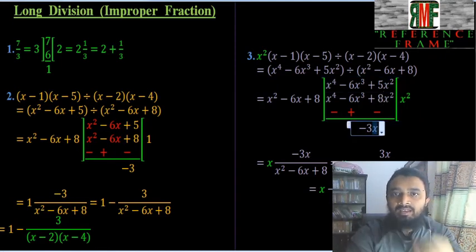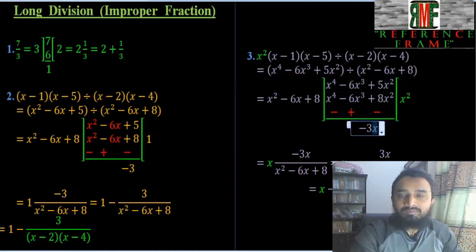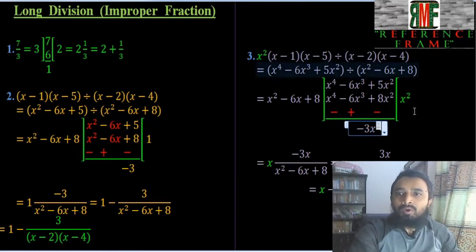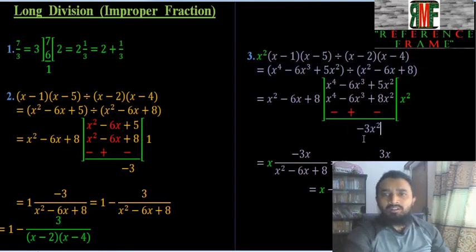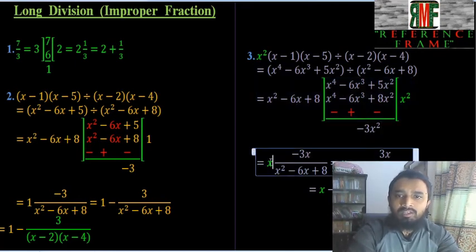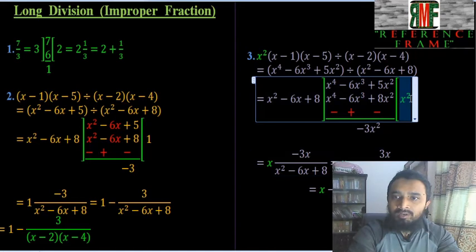And finally in the denominator, we needed to think about this part. Look here, what you get here, this time we have x square. So this will be our focus part, because we need to deal with this part only.